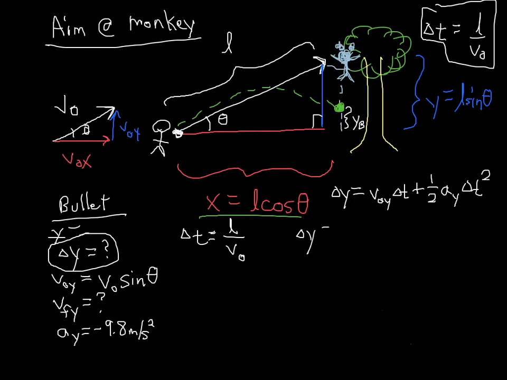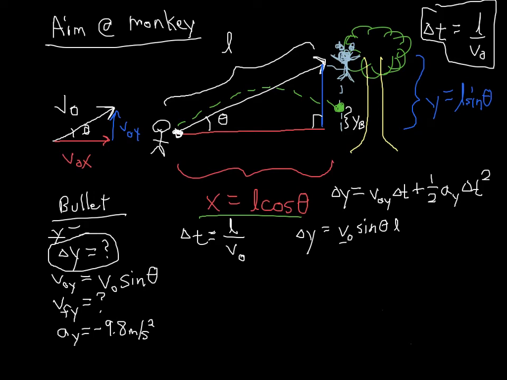So my change in y is going to be equal to v initial y, I've written it down over here, is v initial times sine of theta. So I can just plug that in, v initial times sine of my angle times my change in time, which I already solved for. Change in time is L divided by V0.